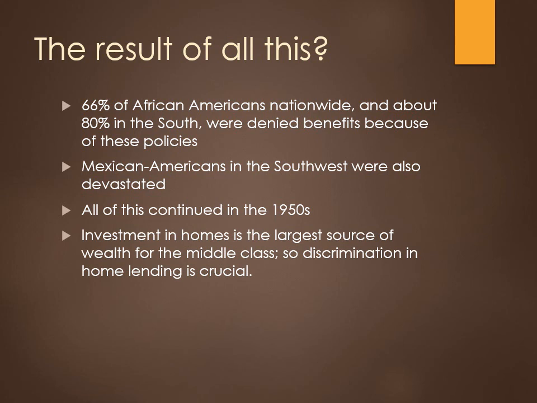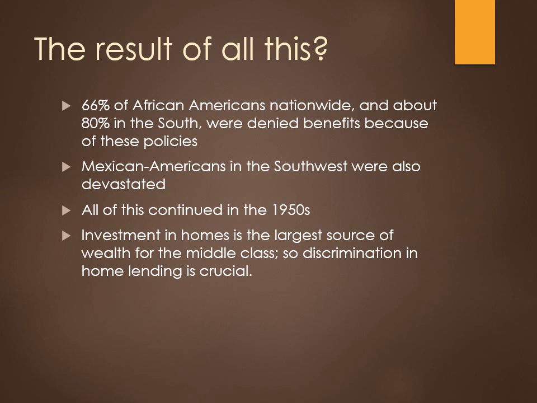Now, let's point out here, too, that the largest source of wealth for the middle class is home ownership. So when you're denied the ability to buy a home, this has intergenerational effects. You're not accumulating the wealth as normally home prices would go up and you could sell those.